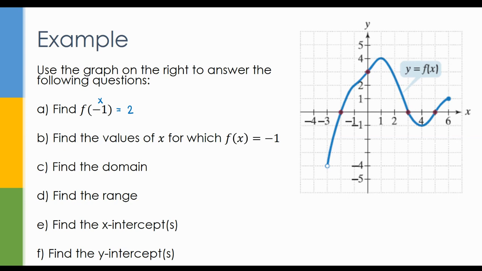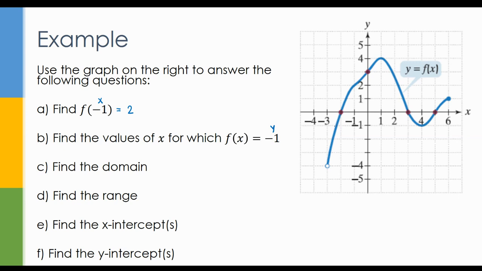In part B, it says find the values of x for which f of x equals -1. So this time, they're actually giving me the y value, and they want me to find the x value. On the y-axis, I go to -1, and notice that if I'm looking from left to right, there are 2 different spots where my graph is going to have y be -1. On the left-hand side, it's not the clearest x value, so I'm going to have to estimate it.